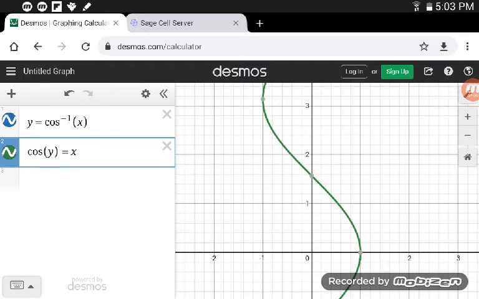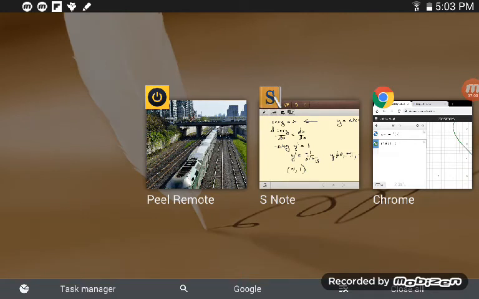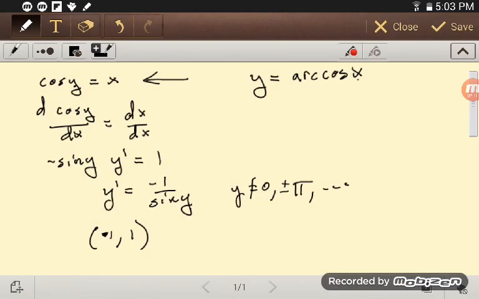X is 1, y is 0, but then that was a problem back here. We couldn't let y equal 0. And then we also saw that we began approaching 0 when we had y getting close to pi.